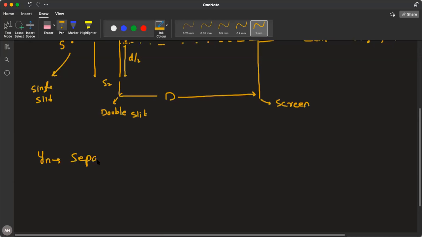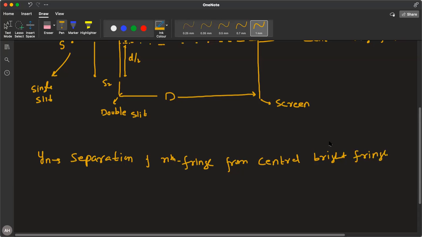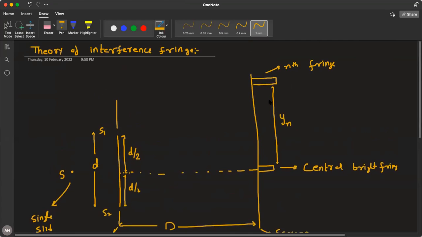Separation of the nth fringe from the central bright fringe. I need this yn.